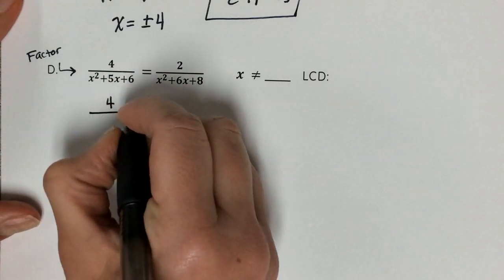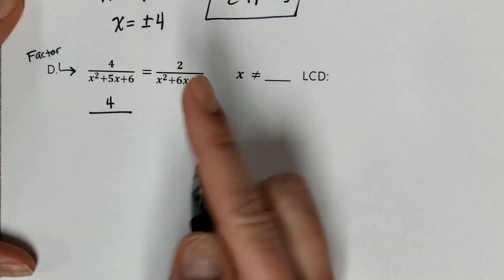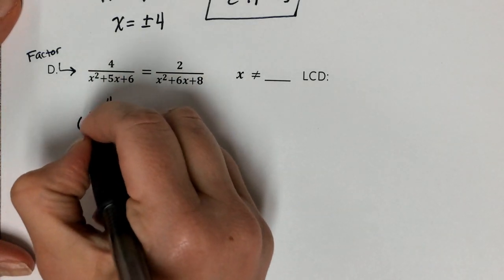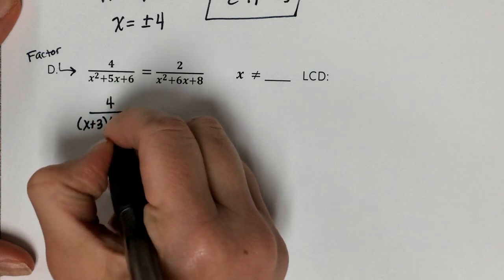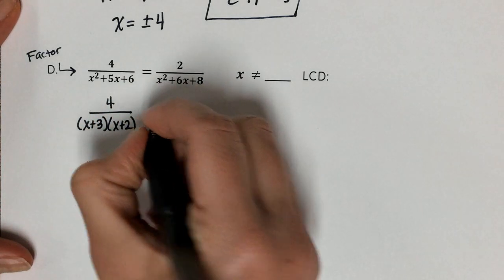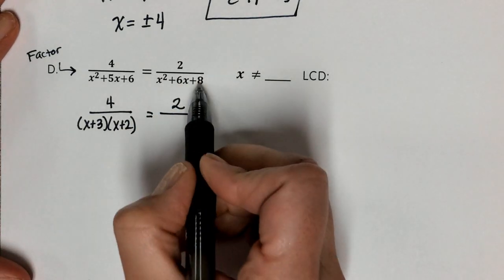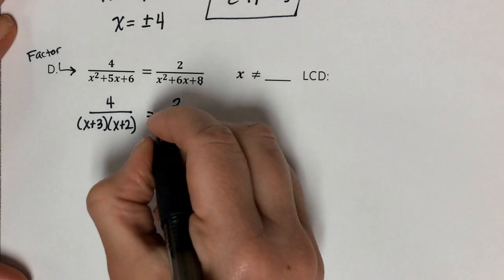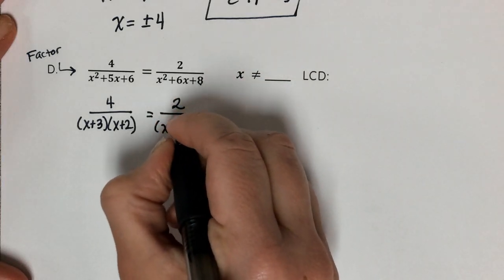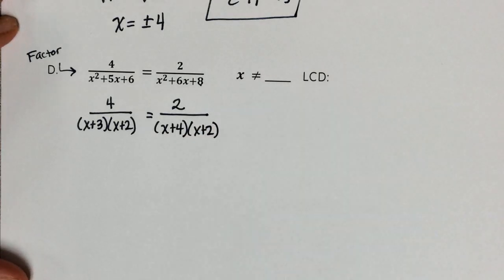So this is 4 over factors of 6 that add to 5, x plus 3, x plus 2, equals 2 over factors of 8 that add to 6, x plus 4, x plus 2. 4 times 2 is 8, 4 plus 2 is 6.